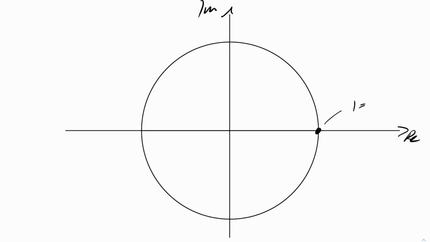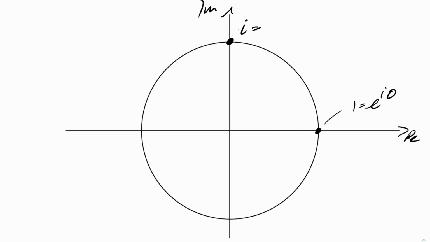Let's have a look at a few numbers on the unit circle and write them in the form e to the i theta. Let's start here with the number 1. That makes an angle 0 with the real axis, so that's easy. It's just e to the i times 0. What about the number i? The argument of i is pi by 2, so I can therefore write that i is equal to e to the i pi by 2. Very neat formula.